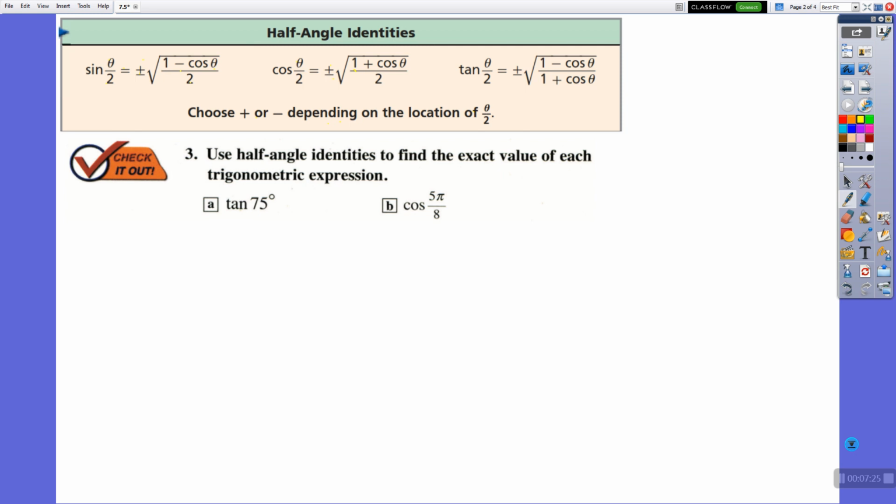And tangent theta over 2 is either plus or minus square root of 1 minus cosine over 1 plus cosine. So use half angle identities to find the exact value of each trigonometric expression. Tangent 75.